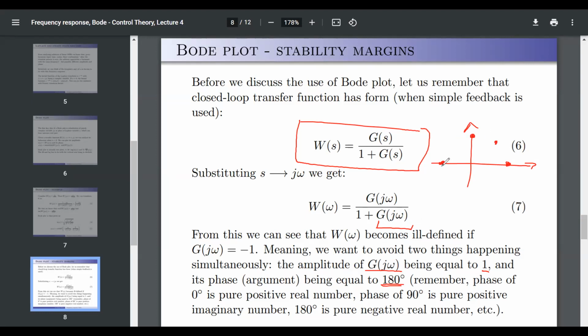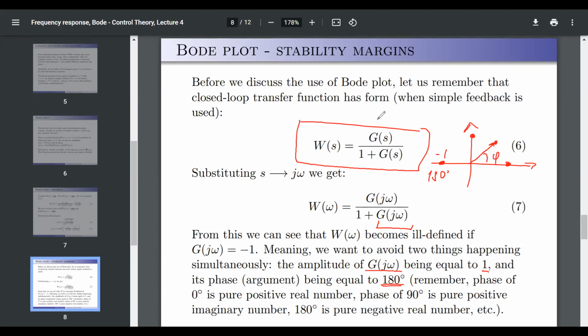Here is phase 180 degrees. Phase is just this angle, for example, for this complex number. So for -1, the phase is 180. -1 is a complex number; it's just that its imaginary part is 0. Does it make sense?